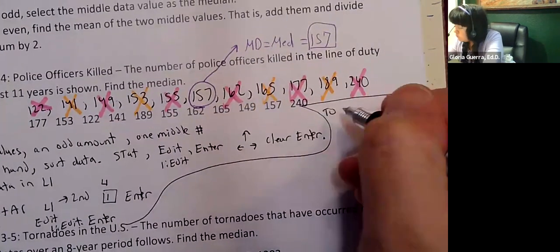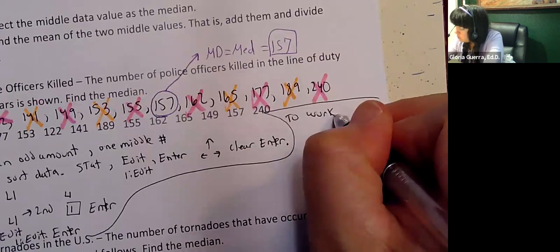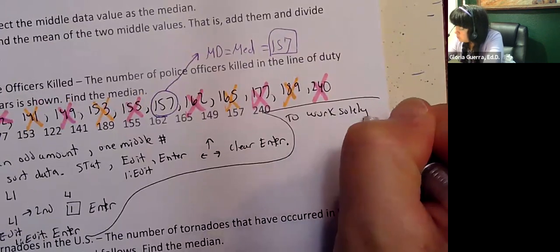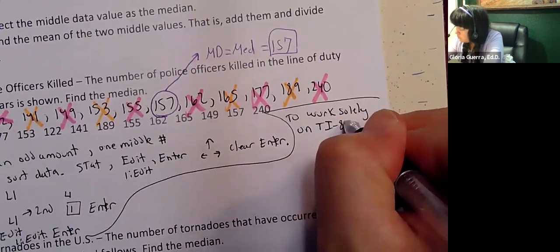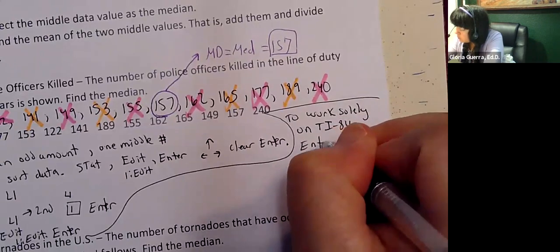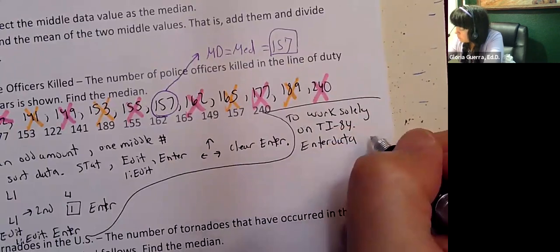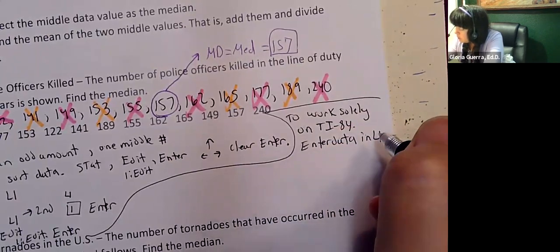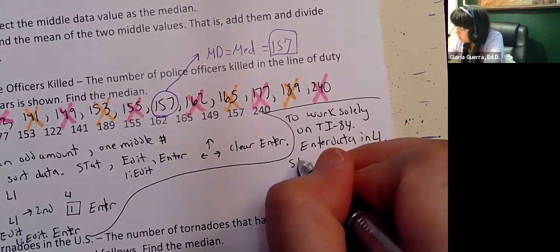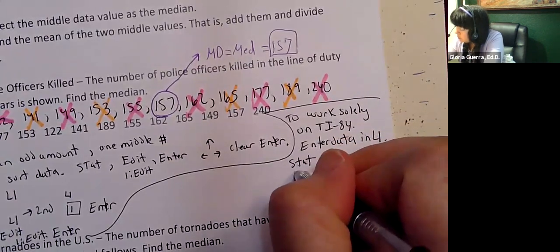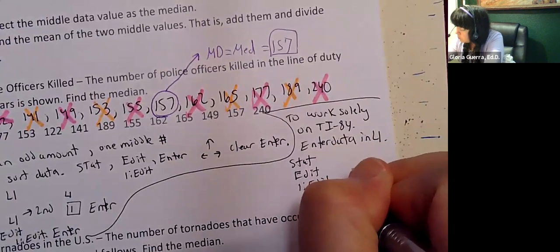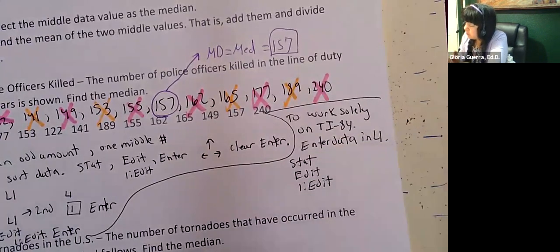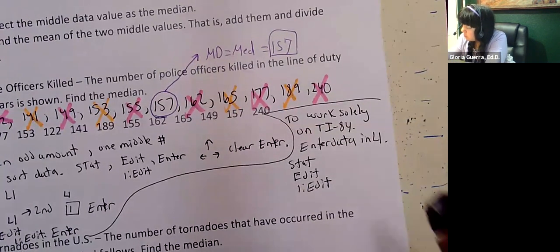So to work solely on the TI-84, you would enter your data in L1, and then you go to Stat, and you actually tab to Calculate.